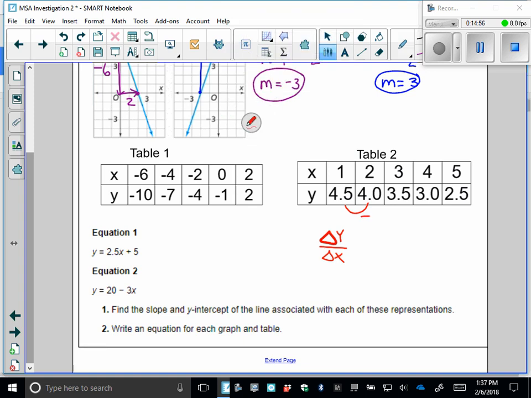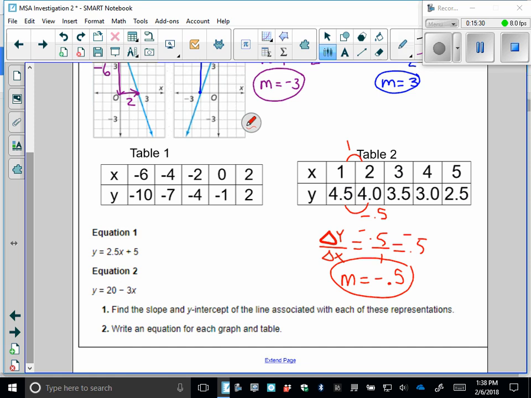So it's decreasing a half per 1. So it's just 0.5 over 1, which is just 0.5. So the slope is 0.5 or a half. Okay? Does that help? It is negative, thank you. So the slope is negative 0.5. I almost forgot that, even though James said it.